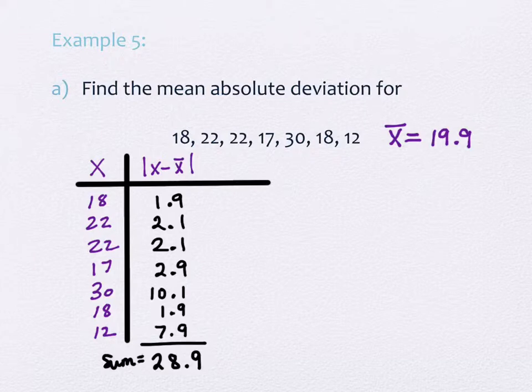Yeah, good. And we're averaging, so we're going to take that 28.9. So the mean absolute deviation is to take the 28.9 and divide by how many data values I have. And how many data values do I have? It's not a scary question. How many? I had 7, yes. So divide by 7, and what do you get?